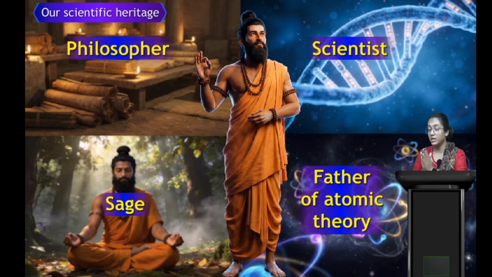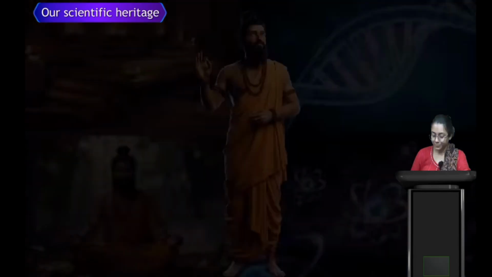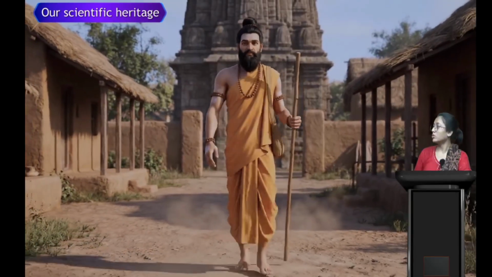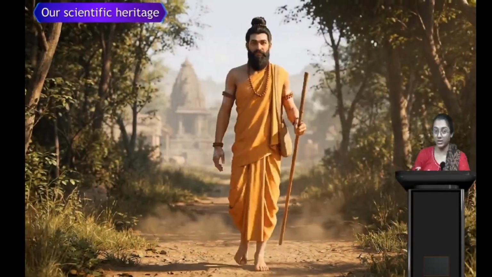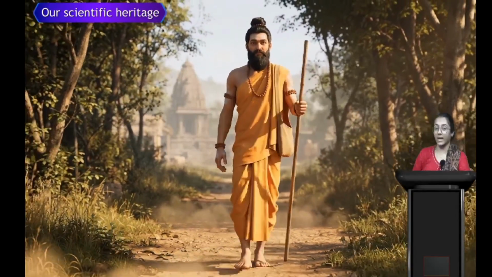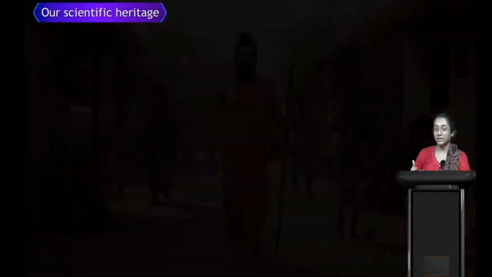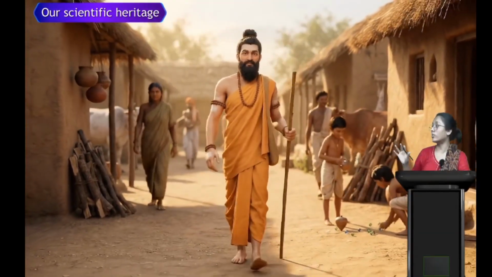Atomic theory. Who? Acharya Kanad. Okay, Acharya Kanad was the father of atomic theory. When? In ancient India. So what happened? He used to go to different houses in the village and collect something to eat. So what happened?